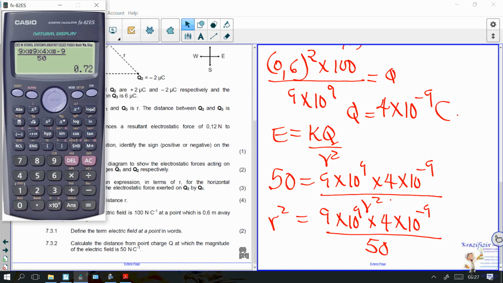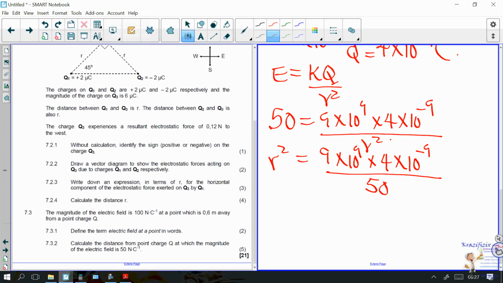What am I looking for? The square root of my answer. I should be having 0.8485. And remember, we have to round off to 2 decimal places. What is my answer? 0.85 meters. So R is 0.85 meters.